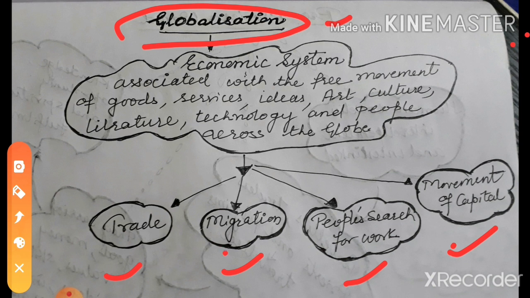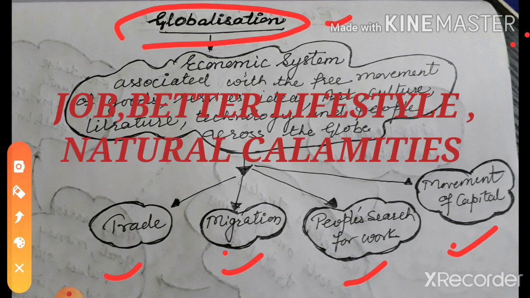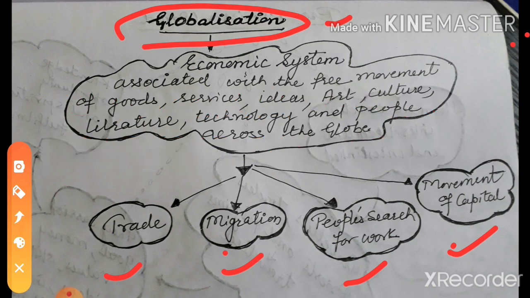Then we see migration. Migration means the movement of people from one place to another place, from one country to another country for better job opportunities, for better lifestyle, as well as during natural calamities. There is also a migration.